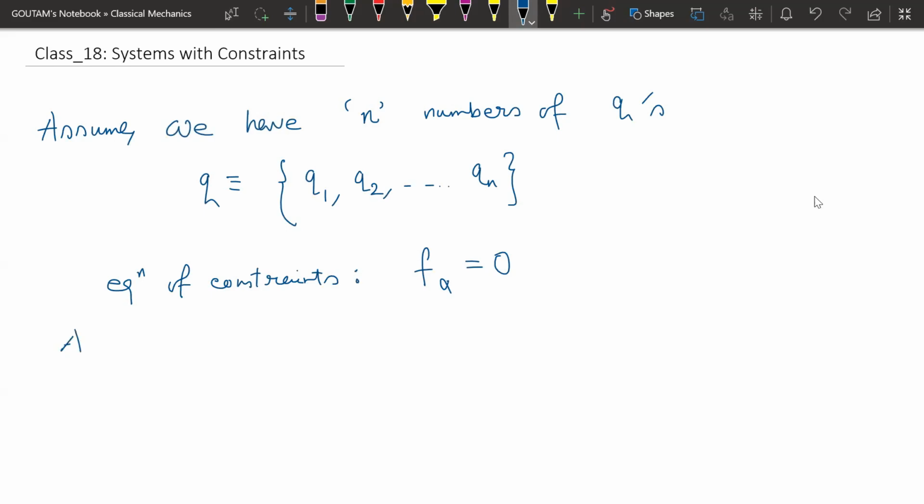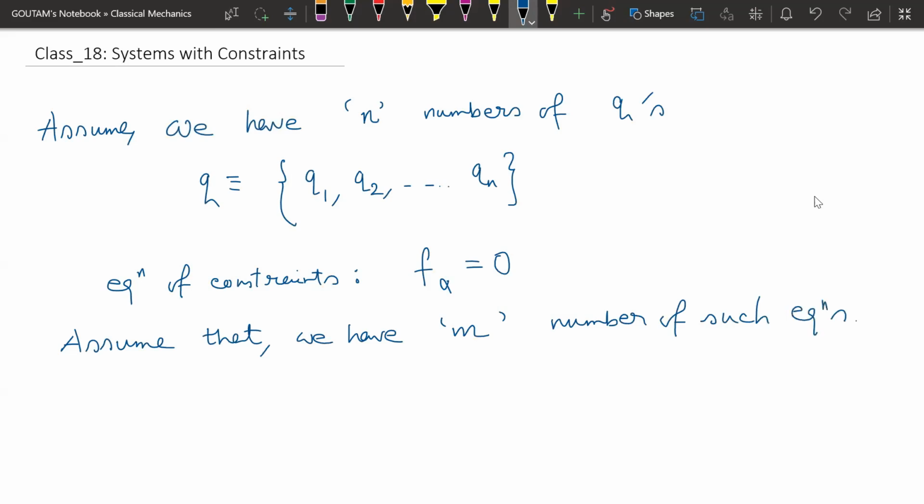And assume that we have m number of such equations. So it's like f1 equal to 0, one equation, f2 equal to 0, one equation, dot dot dot, fm equals to 0. So we have m number of such equations.